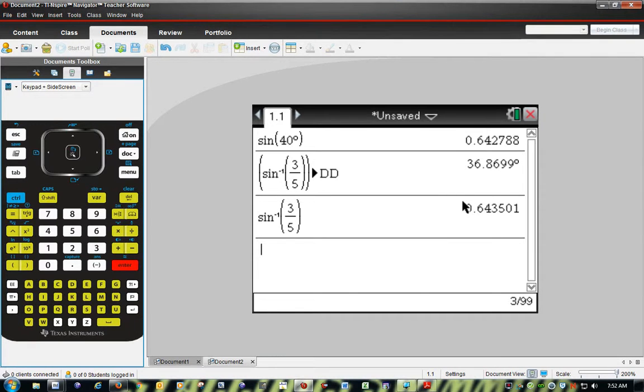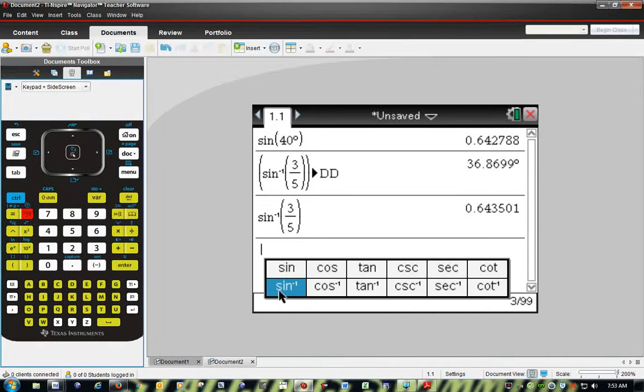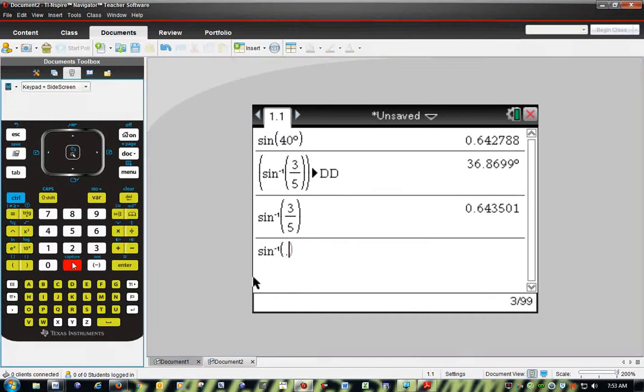Yes. So how did you get CB again on this trig? All right. So I'll put 0.6 because that's what 3/5 is. Now the arrow is located.